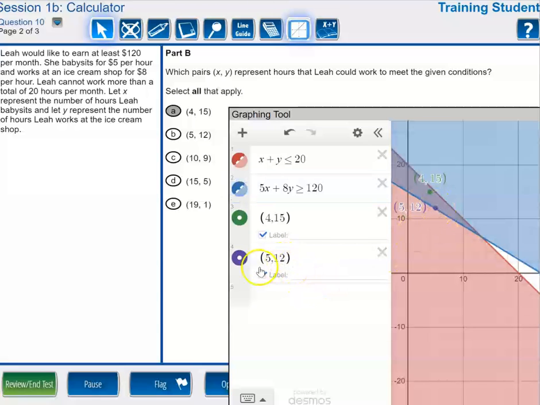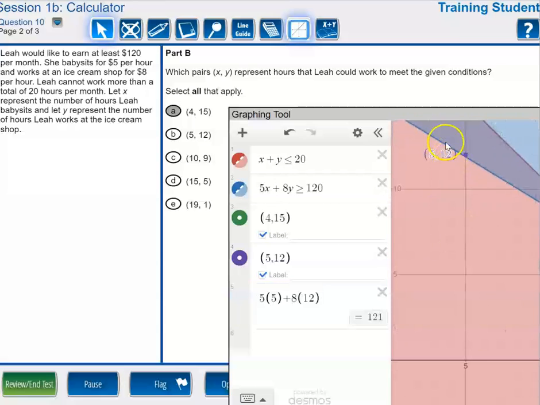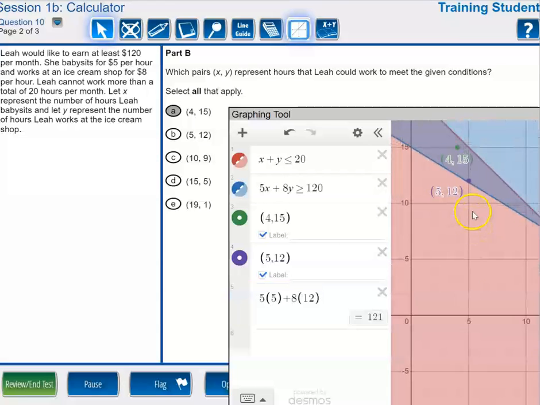Now let me show you why. 5 times 5 plus 8 times 12 is actually 121. So even though it looks like it's on the line, if you zoom in, you'll see that point is just a little bit larger.